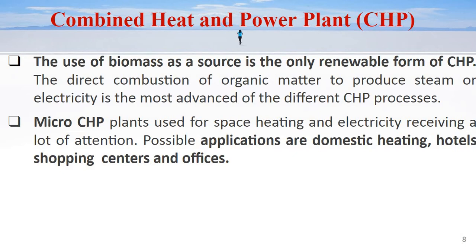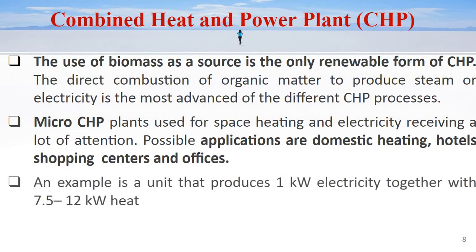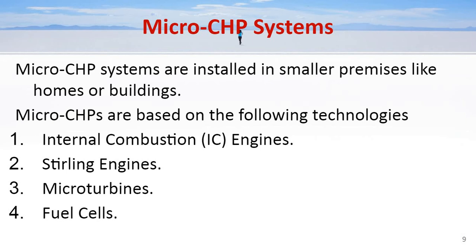Micro-CHPs are very small CHPs, and they are typically used for space heating and producing electricity. They are commonly used in cold countries for domestic heating, used in hotels, shopping malls, and offices. A typical example is a unit that produces 1 kilowatt electricity together with 7.5 to 12 kilowatt of heat.